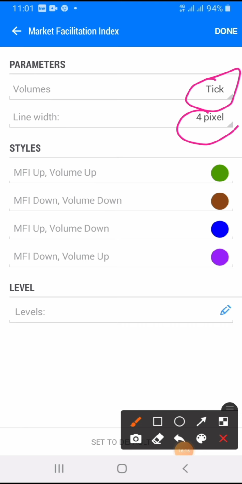You see MFI up, volume up, green. MFI down, volume down, you see brown. MFI up, volume down, you see blue. Then MFI down, volume up, you see pink. All right, so you click done.